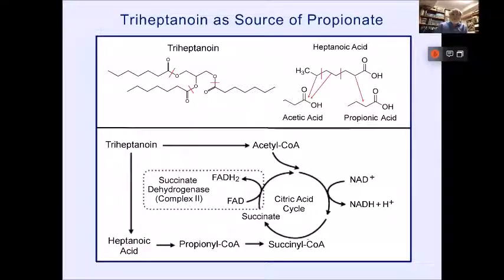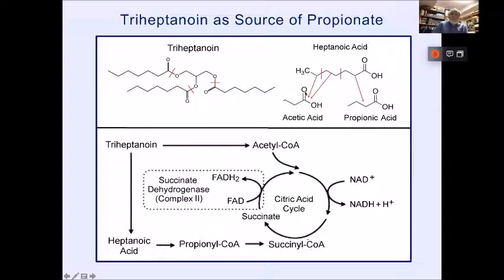The idea here is that triheptanoin, a 7-carbon fatty acid, instead of being like olive oil, an oleic acid triglyceride, is a C7 compound that is catabolized, broken down in the mitochondria to acetic acid and propionate. So it's a medication or supplement that can be given that should generate extra propionic acid.